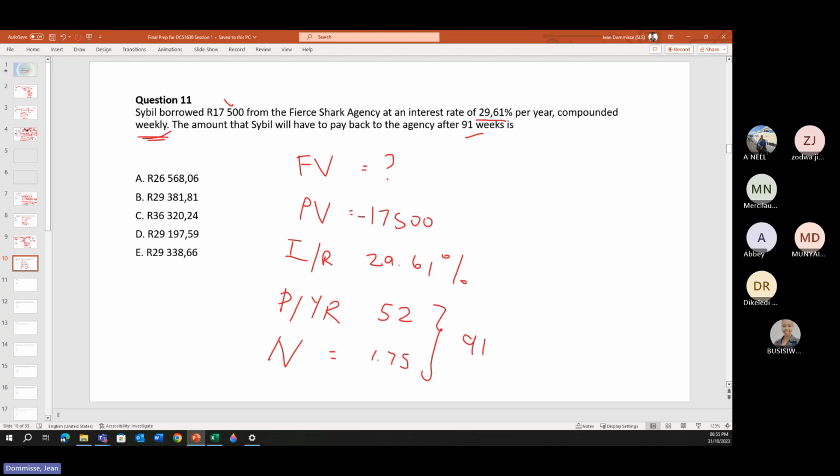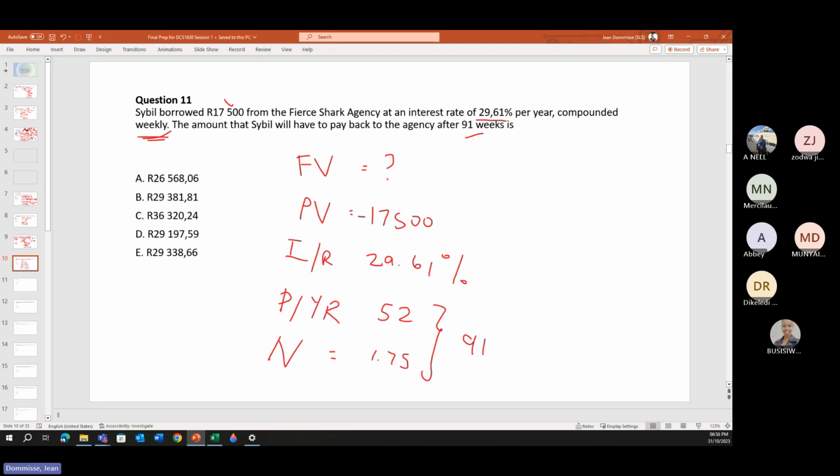So let's put in 17,500 negative as your present value. Interest rate is 29.61. Very important, 52 times a year. Not once, not 12. That was in the previous question. 52, 1.75 years.